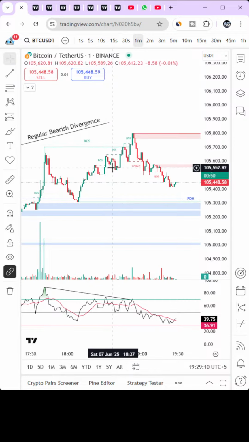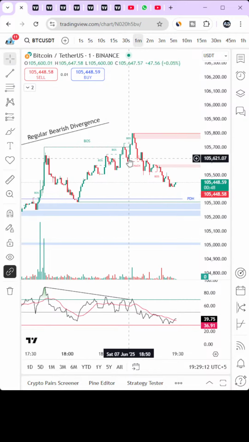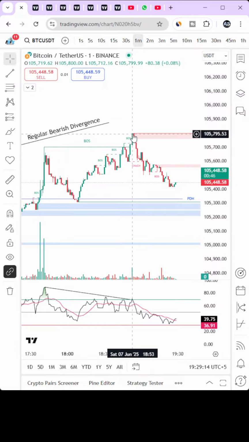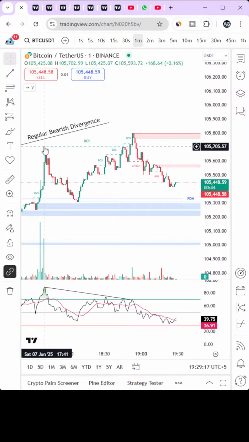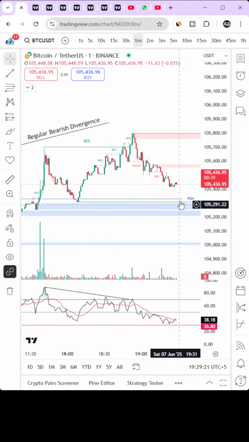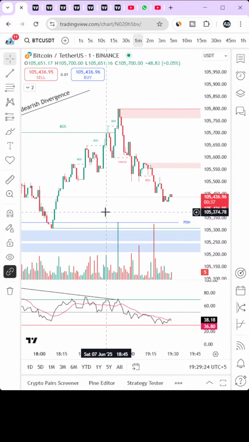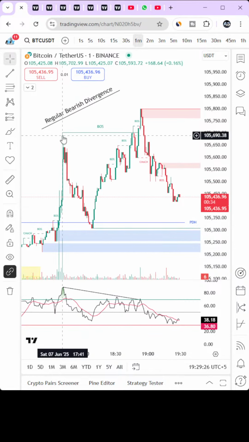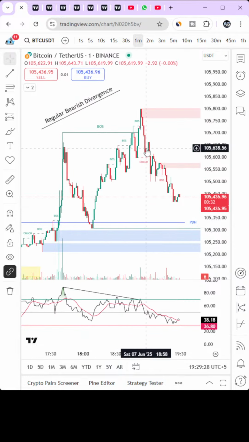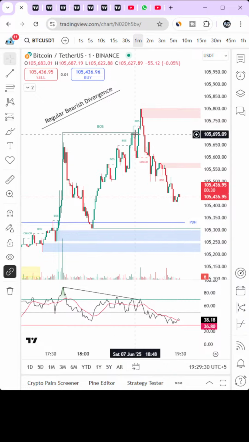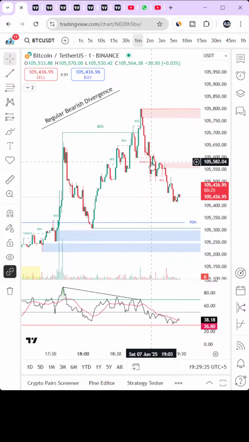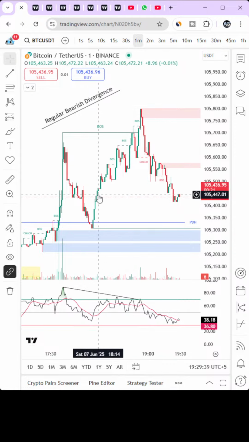Whenever any candle with the body breaks the previous higher high position, which was this position, and the market reached here, it has broken the previous structure. After the completion of the break of structure, the market has to give the pullback retracement up to 50 to 61%.